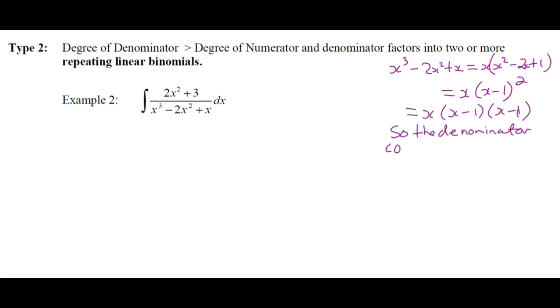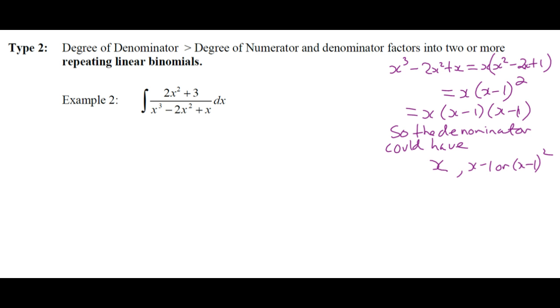The denominator could have an x minus 1, or an x minus 1 squared. Right? Or it could be an x minus 1, could be an x minus 1 quantity squared. So we have to deal with that.